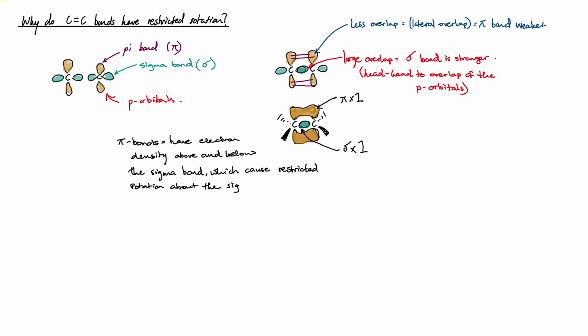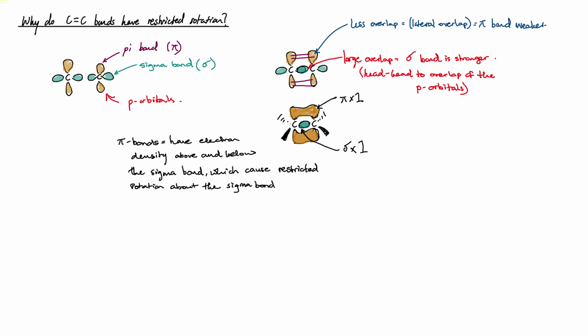So you've got this sigma sandwich, if you like, where the sigma's in the middle, and the bread of your sandwich is the pi bond, and it's preventing the sigma bond in the center from rotating because you've got this electron cloud above and below, and that causes restricted rotation.